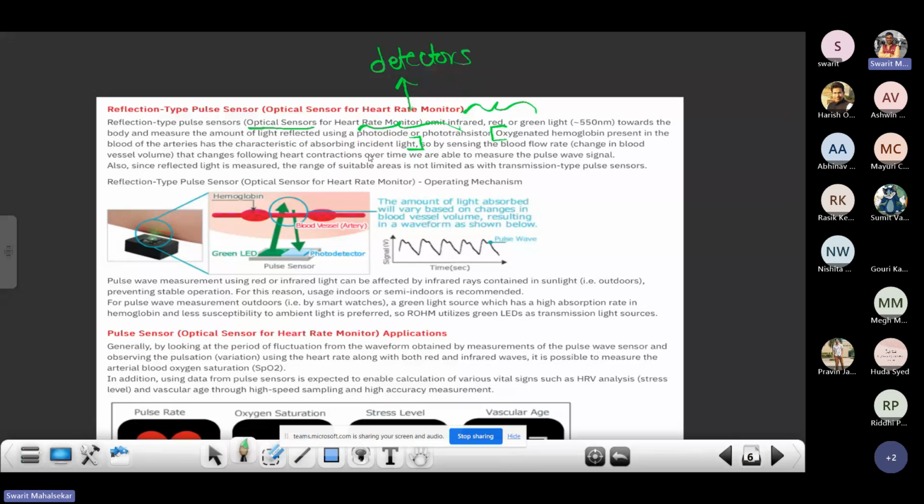Okay, getting my point? So by sensing the blood flow rate that changes following heart contraction over time, we are able to measure the pulse wave signal. Okay, we need to focus upon this particular point. Oxygenated hemoglobin present in the blood of arteries has the characteristic of absorbing the incident light.